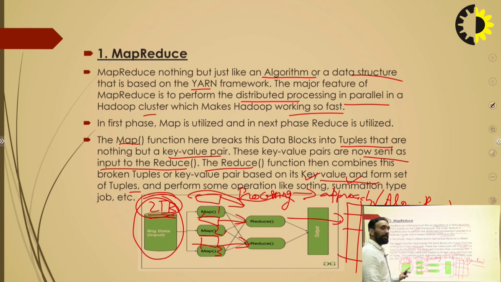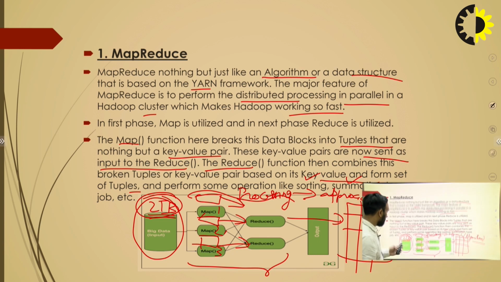That is basically the implementation of an algorithm, and this algorithm is divided into two parts, map and reduce. In the map part, the data is broken into tuples, or we can say different chunks, and then it is again combined. The size of data will reduce in terms of information, and that will be helpful for any organization.